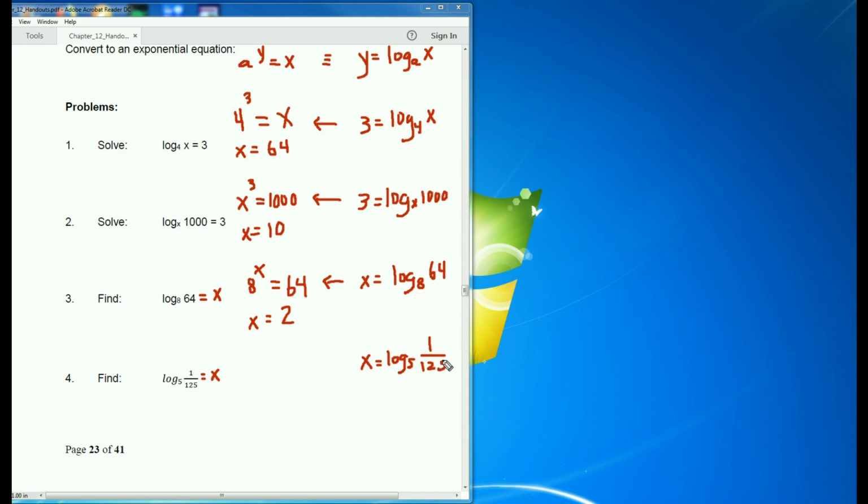And let's rewrite that in exponential form. All right, the base of the log is 5, so that's going to be the base of the exponent. Okay, so 5 raised to the x is equal to 1 over 125.